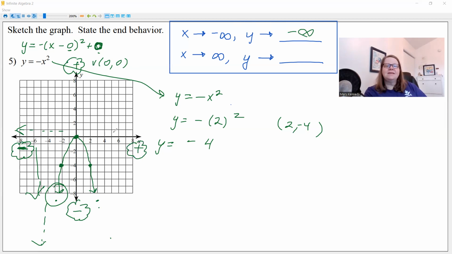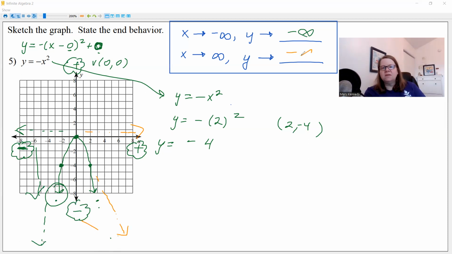And as x approaches positive infinity, so now let's change the color. As x is going in this direction towards greater positive numbers, what is the y value doing? Well, it's continuing to drop down, it's continuing to fall, and that is in the negative direction.